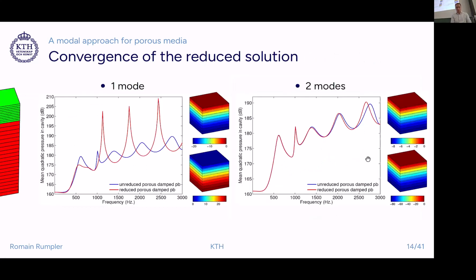What about those modes? If we calculate them, we try to look at what the response looks like if we increase the number of modes, just to get an understanding of the basis that we are constructing in this way. If we use only one mode, you can have a look here at what the mode looks like.